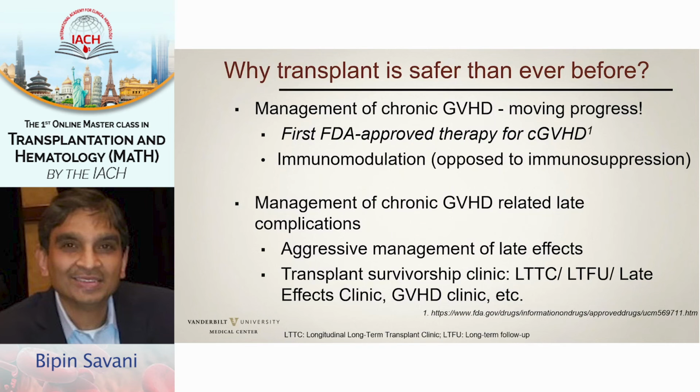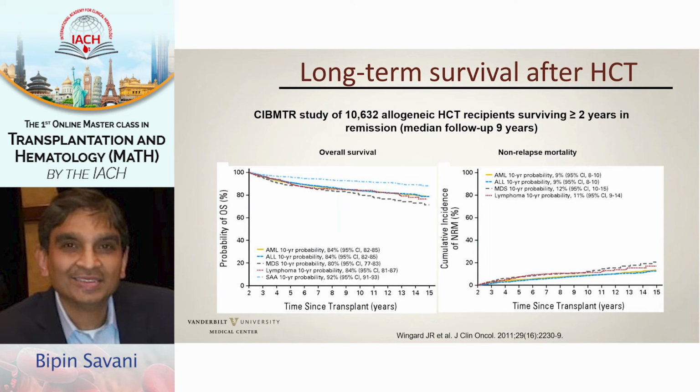This is most important. But there are still some ongoing issues. Approximately 15% of patients will die, the majority from non-disease related issues, between year 2 and 10 post-transplantation. This is one of the highly cited CIBMTR studies, still true as of today.